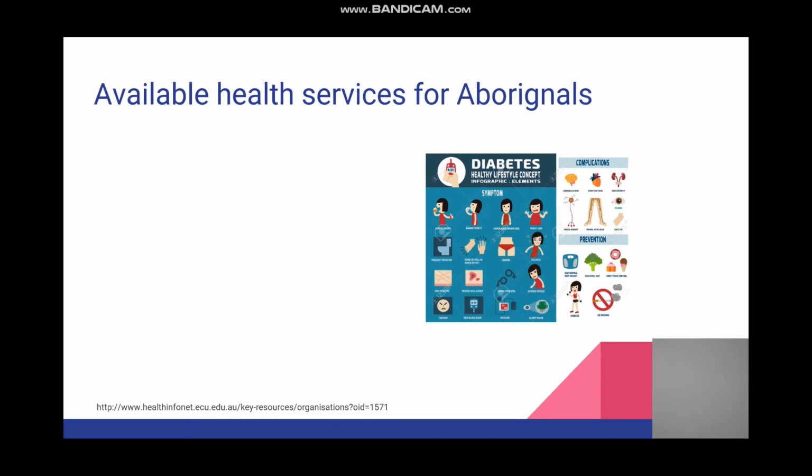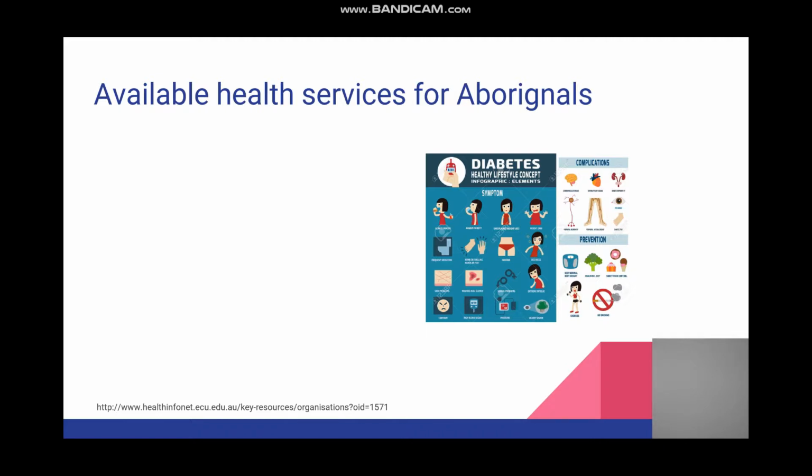Knowing what is the most serious disease affecting the Aboriginal population, my next curious question is what available health services are currently being provided to Aboriginal society by the Australian government, especially for dealing with cardiovascular disease.